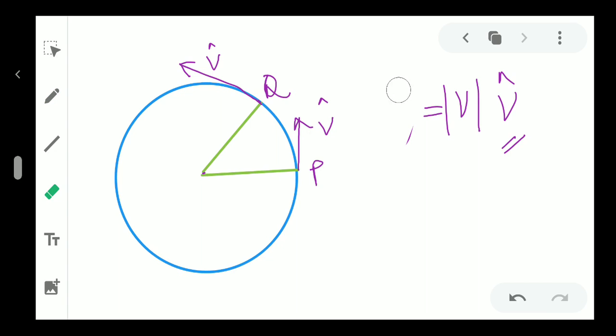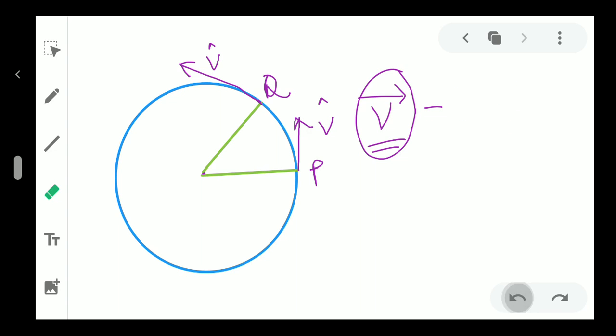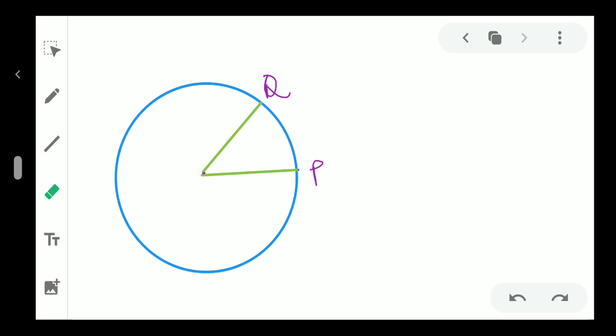So this is not a very good thing to take under consideration, so that we can understand the motion of a circular thing. But what we can do is create a relationship between V and our omega. Now we see one thing, my omega is theta by t, right?